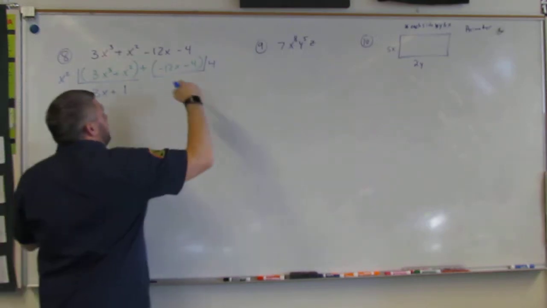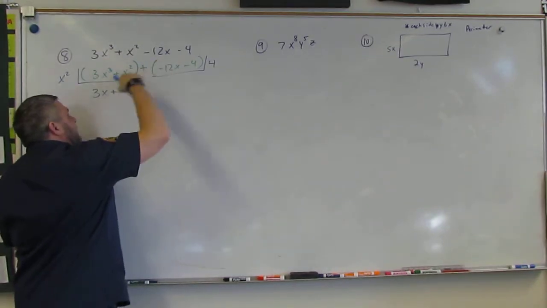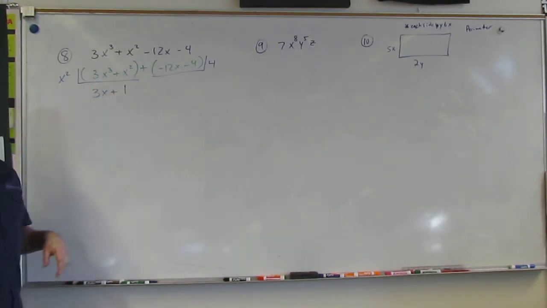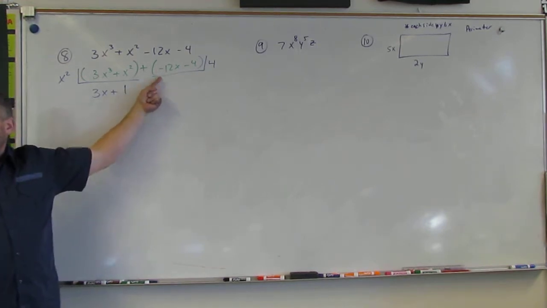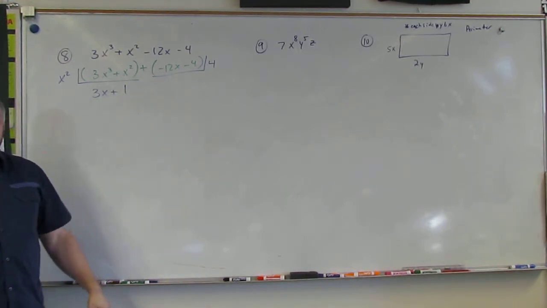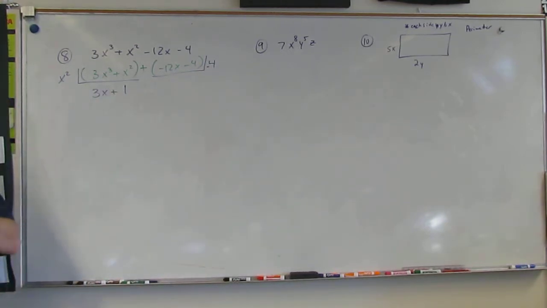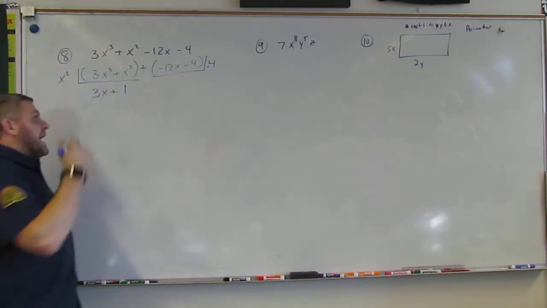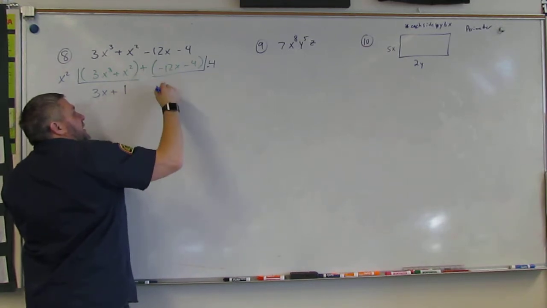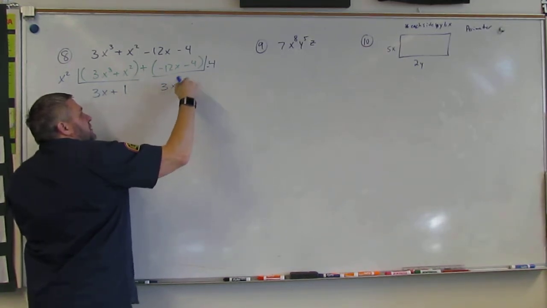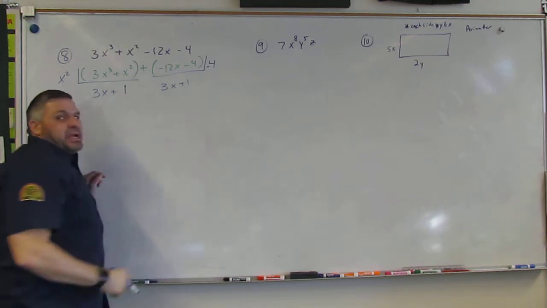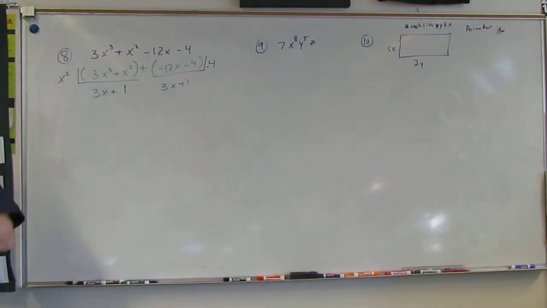And when I do that, I want to get this to be the same as this. That's my goal, right? But this is positive, that's negative, so that's not going to be the same unless I put a negative for it. Now this will be 3x plus 1, and now they're the same.